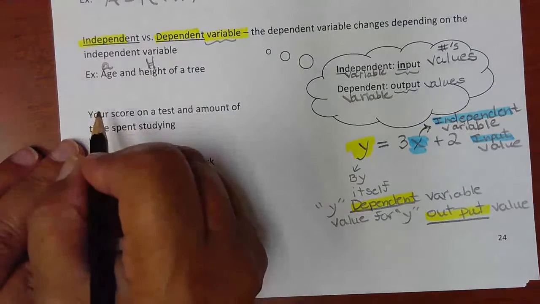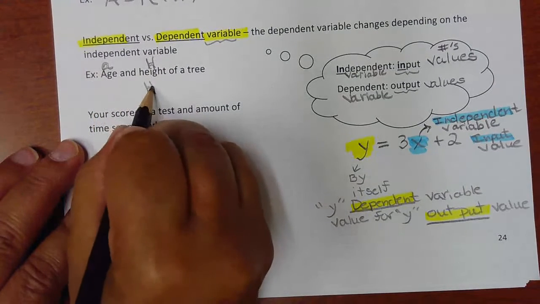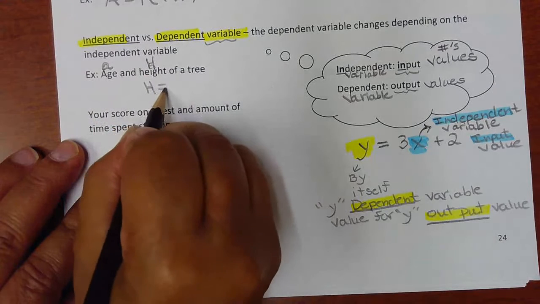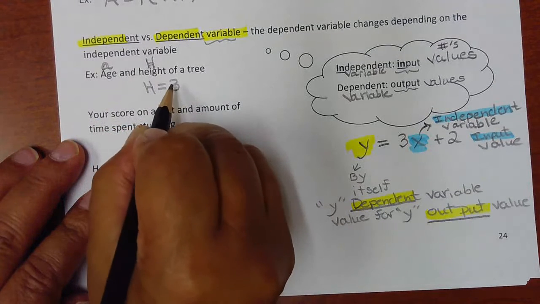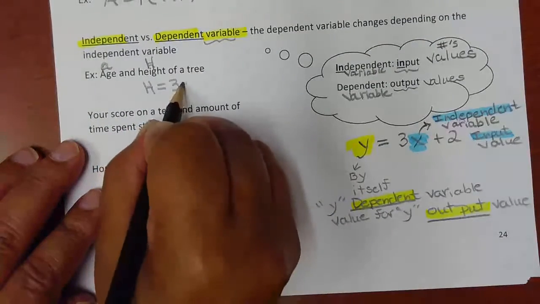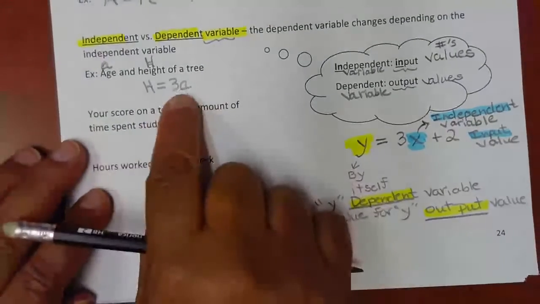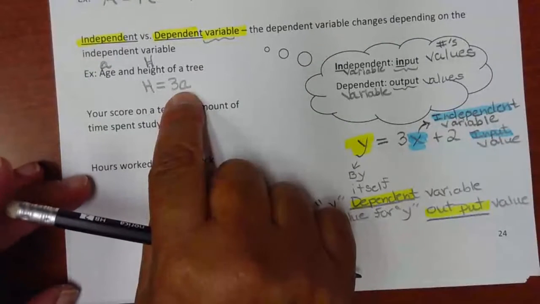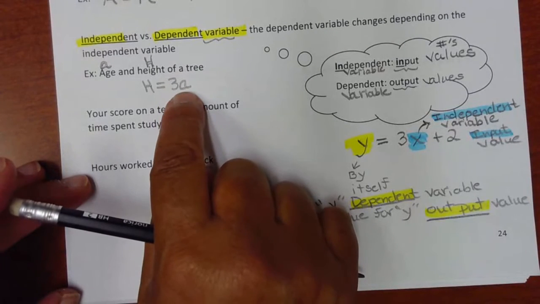So if I wanted to make an equation out of this, I could say the height of the tree is going to be equal to 3 feet, and I'm not going to squeeze the units in there, 3 feet times the age of the tree. And let's say age, this A right here, stands for years. So when A is 1, if you put a 1 in there, that means that the tree is 1 year old.